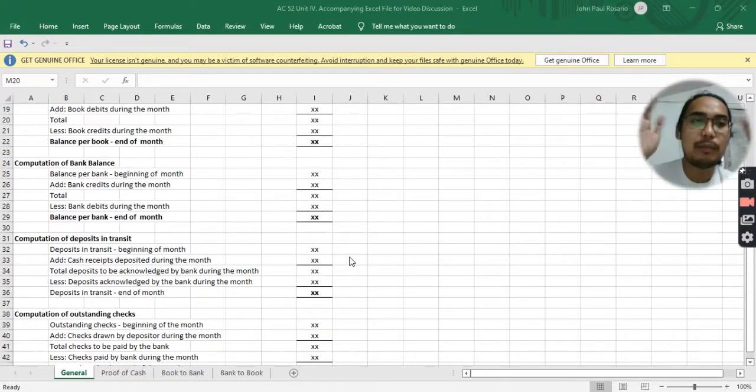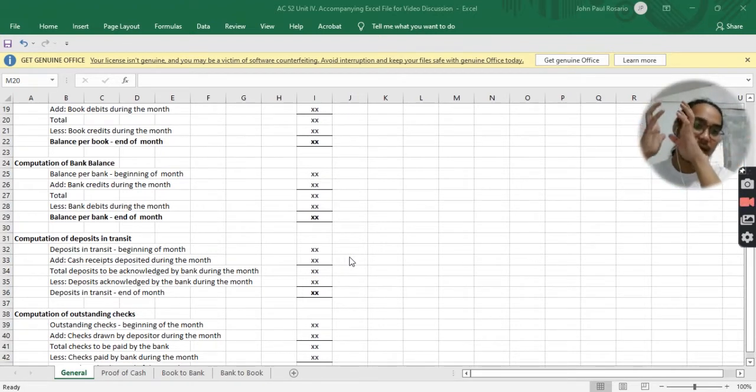So, how do you compute for the deposit in transit at the end of the month? Beginning deposit in transit, and then you add all your cash receipts during the month, and then you deduct all the deposits that have been credited to your bank account, then you will end up with your deposit in transit at the end of the month.